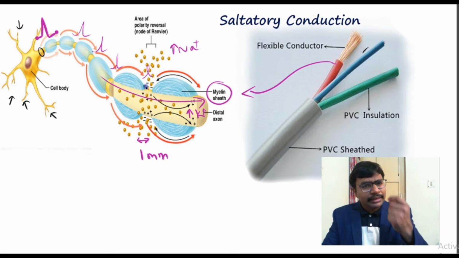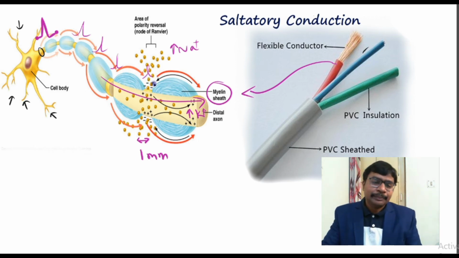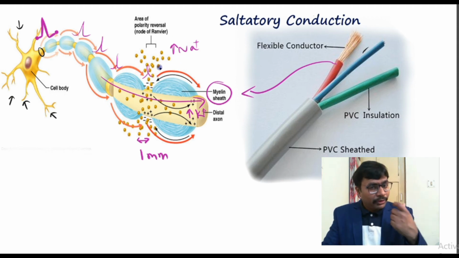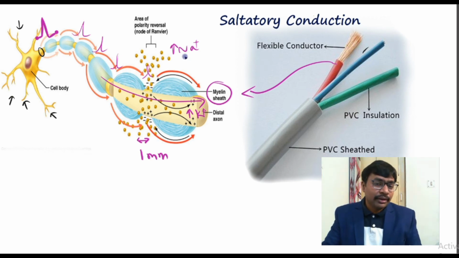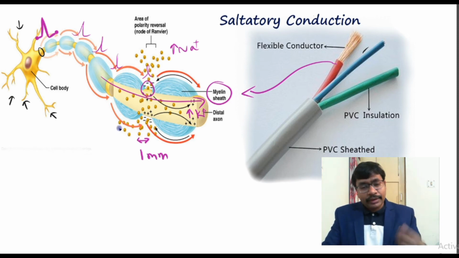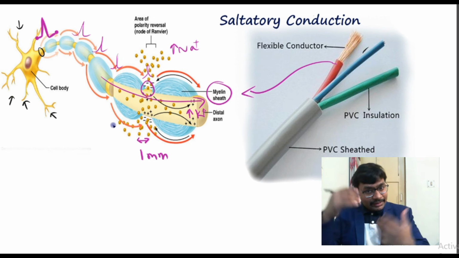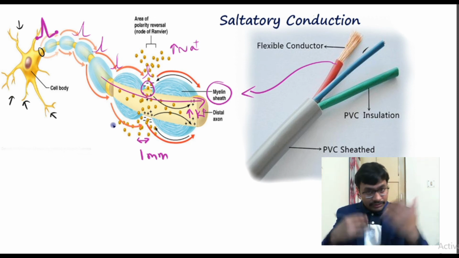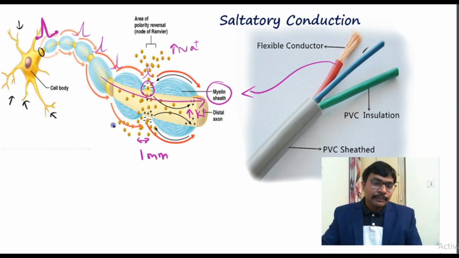In this minute gap we have highly concentrated potassium, sodium, chloride and calcium channels. These channels are highly concentrated in the node of Ranvier, where potential exchange is possible across the cell membrane.